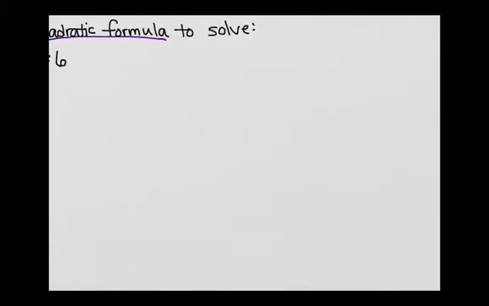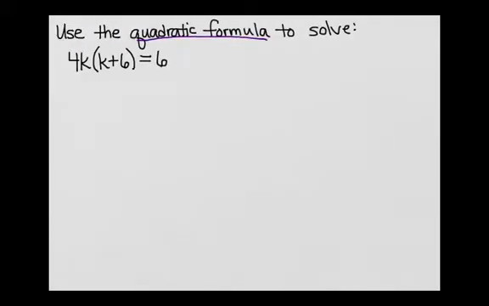Okay, so let's go back to our original problem, and the first thing we'll note is that our problem is not in the form that we need it to be in order to use the quadratic formula. So we'll go ahead and start manipulating this equation to put it into a format that we can use. So the first thing we'll do is we'll distribute.